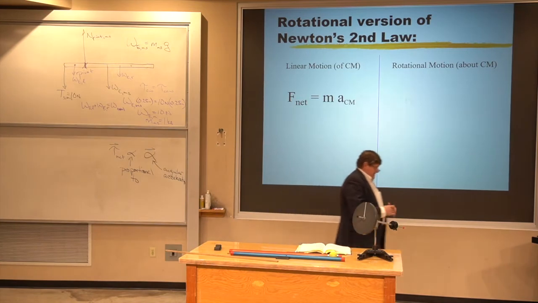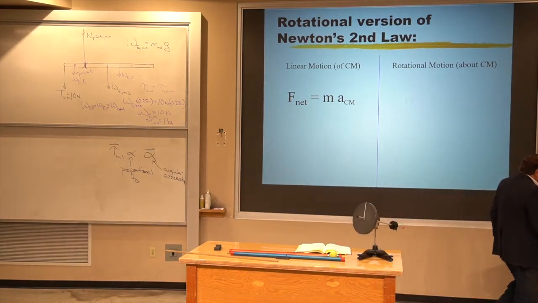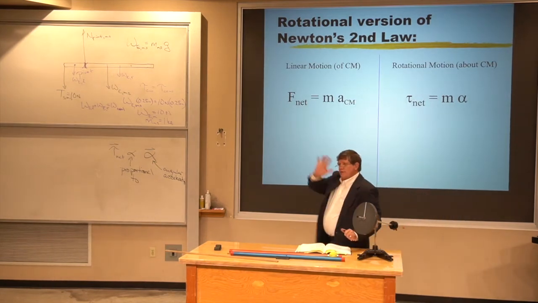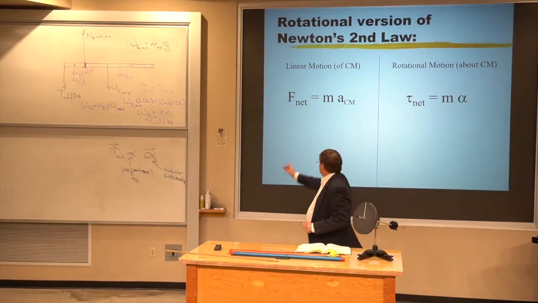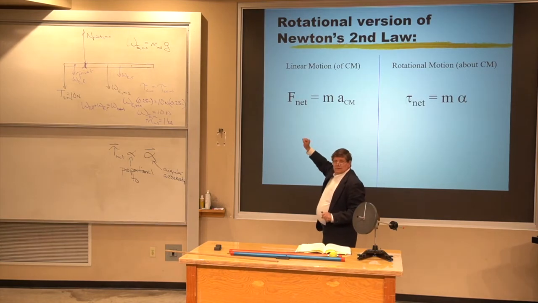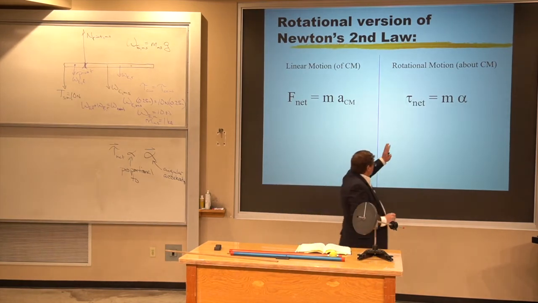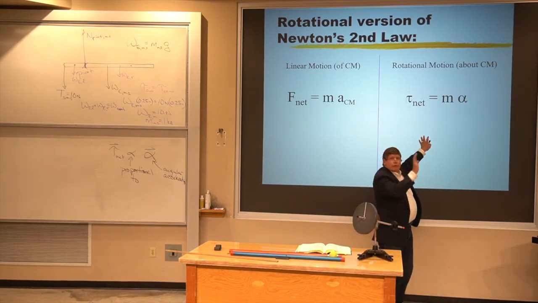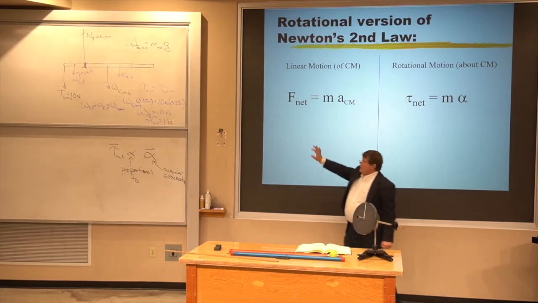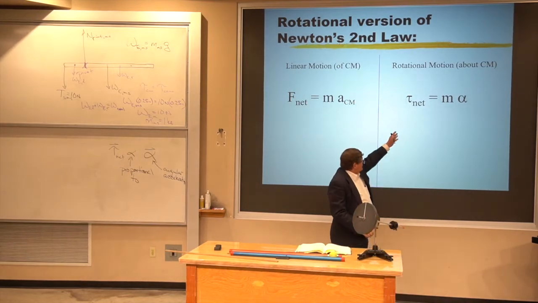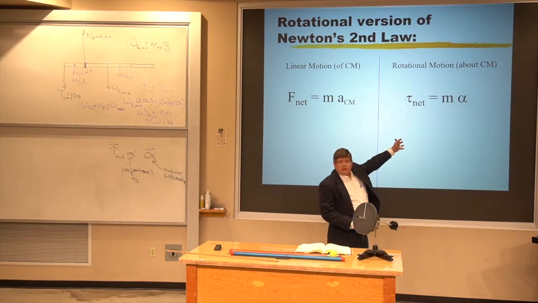Now, the question is, do we have the same relationship for rotational dynamics that we had for linear dynamics? In other words, is this the equation that governs all of rotational dynamics?